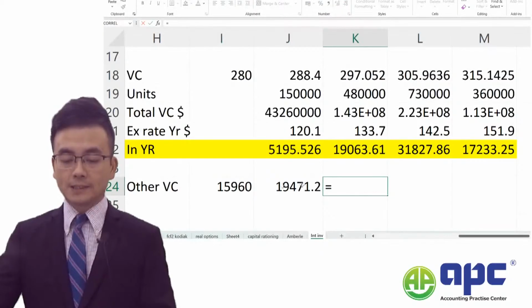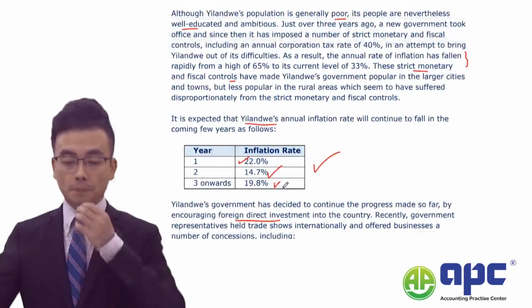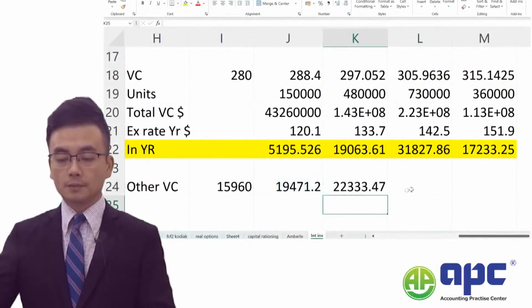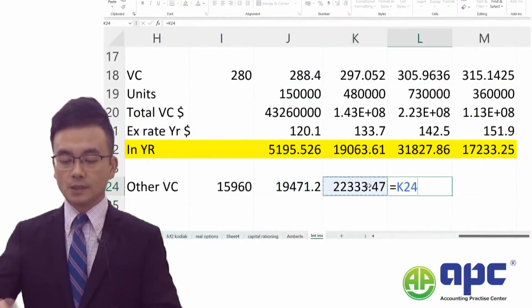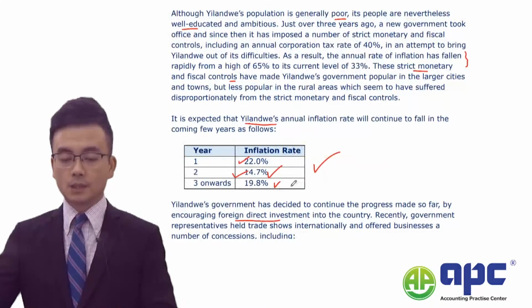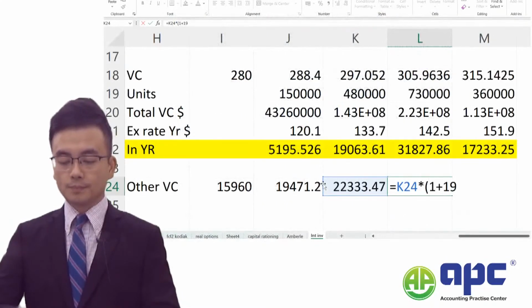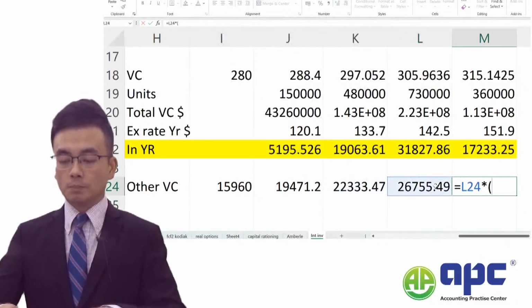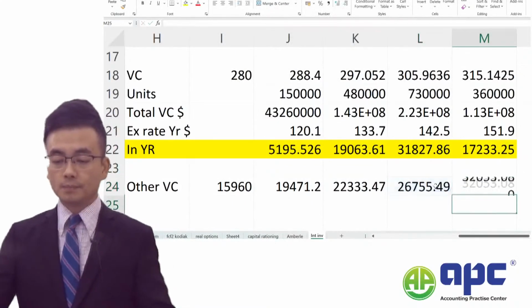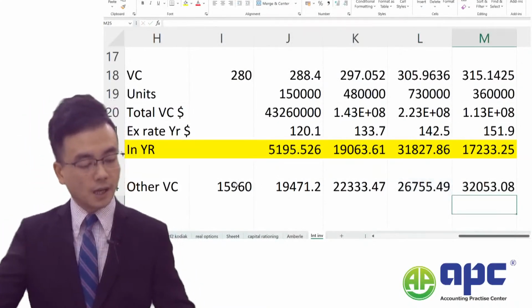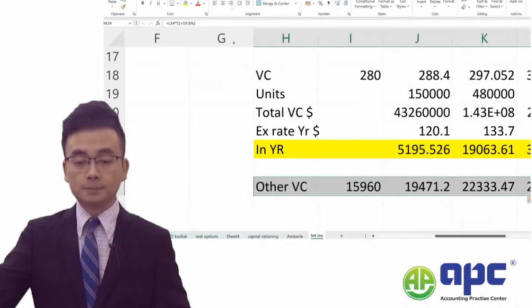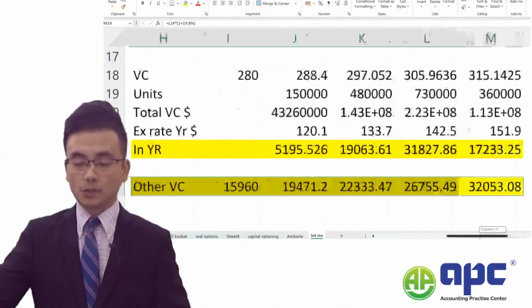And then basing on the latest figure, timing by 1 plus 14.7%, equals this timing by 1 plus 19.8%, equals this, and timing by 1 plus 19.8%. So these are the other variable costs that we can talk about. Okay, other variable costs here.